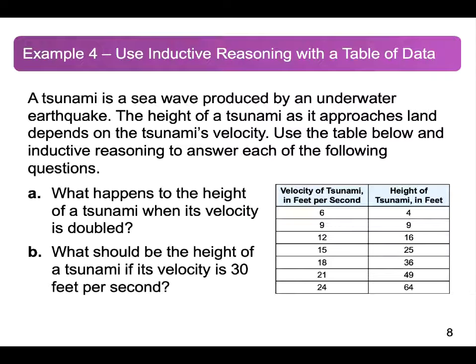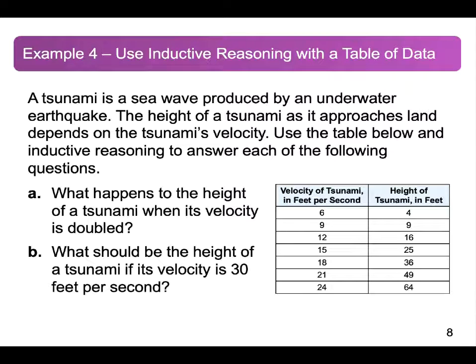Another example of using inductive reasoning would be looking at a table of data. Here we're looking at the velocity of a tsunami in feet per second and the height of those tsunamis in feet. Our question is, could we determine the height based on the velocity? What happens to the height of the tsunami when the velocity is doubled?